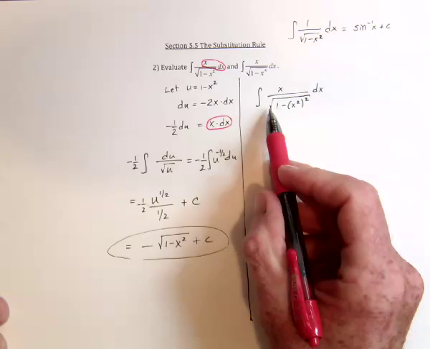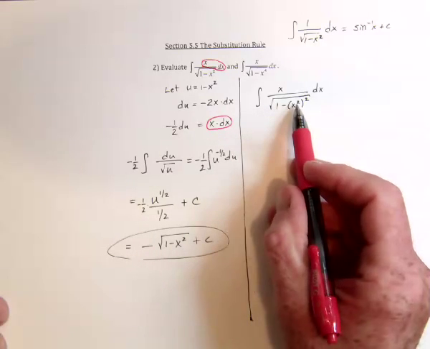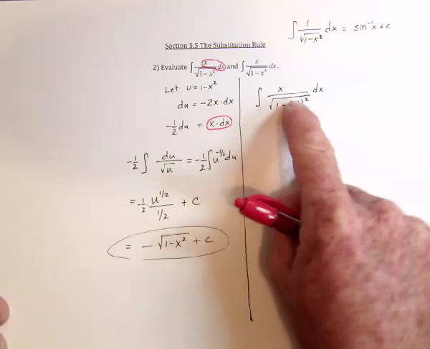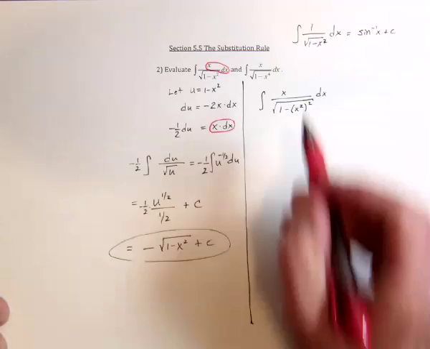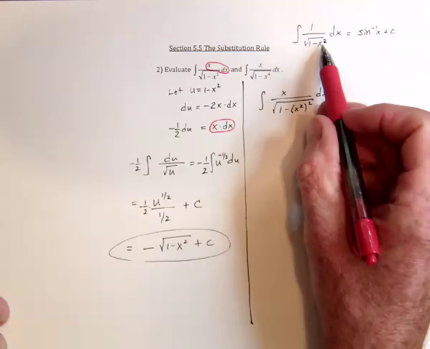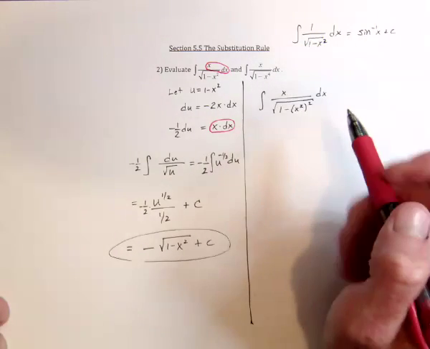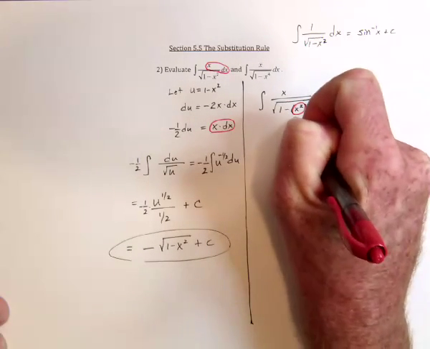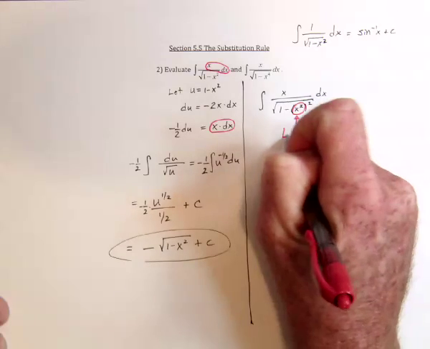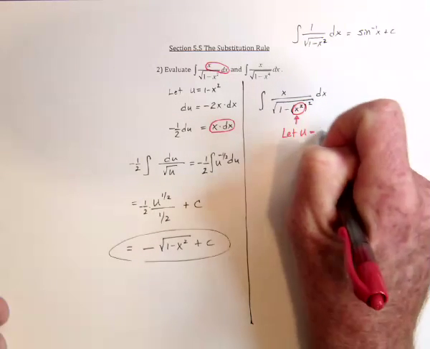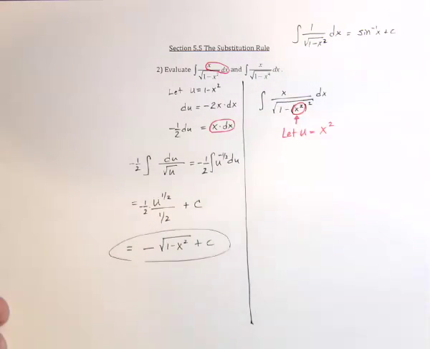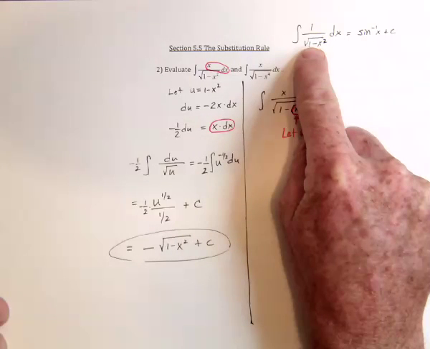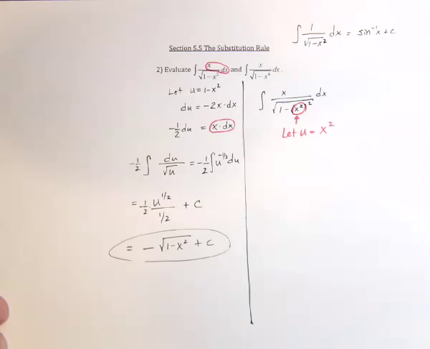So essentially it's saying the square root of 1 minus something squared, this being the something. So 1 minus something squared. And that's what this says, the square root of 1 minus something squared. And the something is this thing right here. And so this is going to be the u. And then this would be 1 minus u squared, just like this is 1 minus x squared.